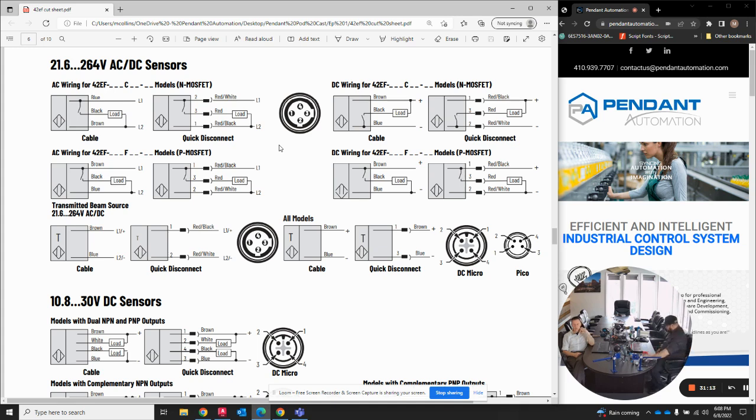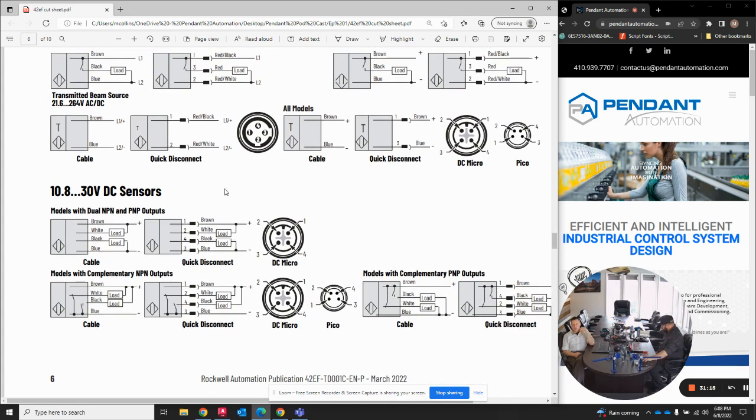So generally you're buying the brown, white, black, and blue cables, and so not getting too far ahead of ourselves, but depending on how you're wiring it, brown and blue are always plus and minus, and then white or black are your load depending on how you're doing that.